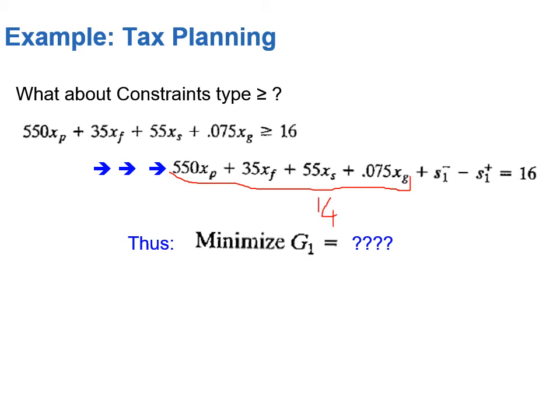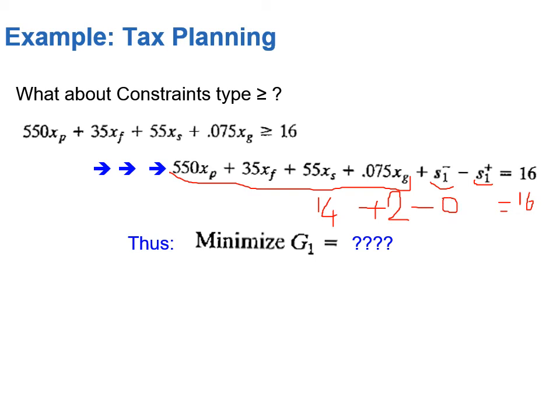Then in order to satisfy this as an equality to 16, we need to give values to these positive and negative deviations, and they are restricted to be greater than or equal to 0. It means that in order to satisfy it, we need to say that this S1 minus is plus 2 and the other one is 0, so that the summation is 16.